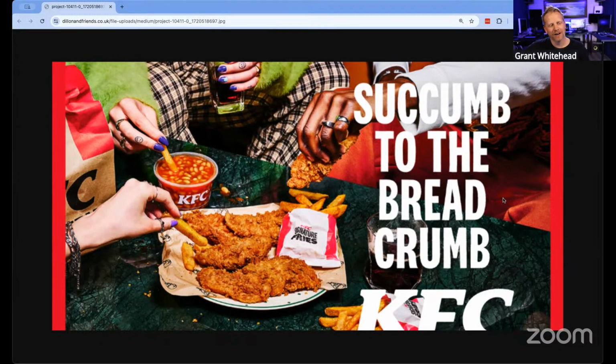The article that I read was like, clearly the marketing agency would have said "succumb to the crumb," and that somewhere along the line, someone is saying you have to say bread, which throws the whole slogan. It's a far better slogan as "succumb to the crumb," not "succumb to the breadcrumb."